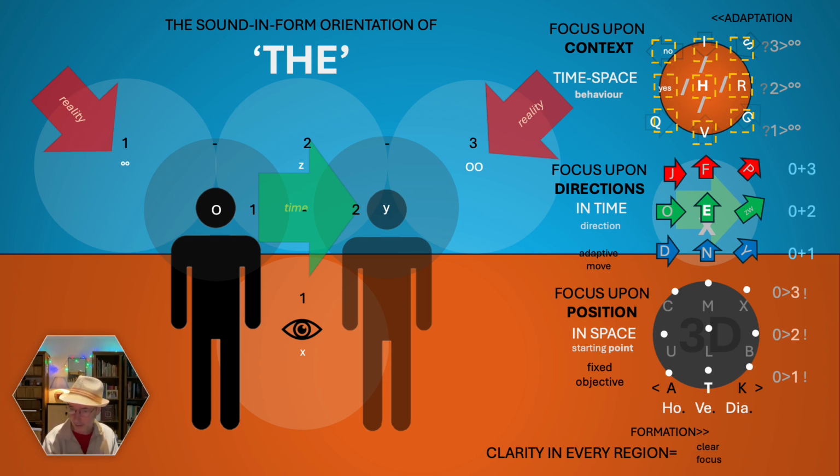We start in a spatial reference with a fixed point. Then we also have a context-based point also in the middle there. And then also a time-based point, direction in the second category, the letter E.